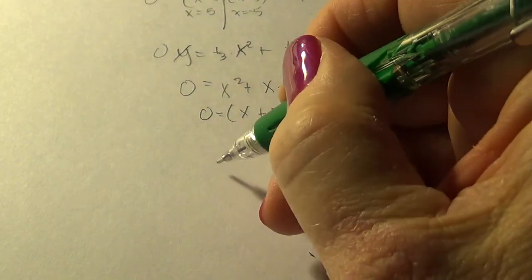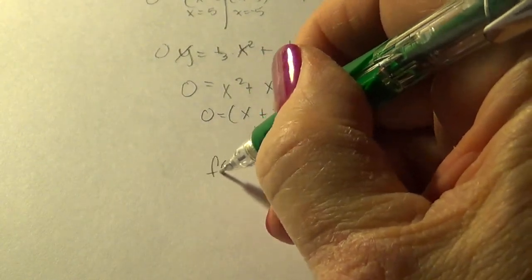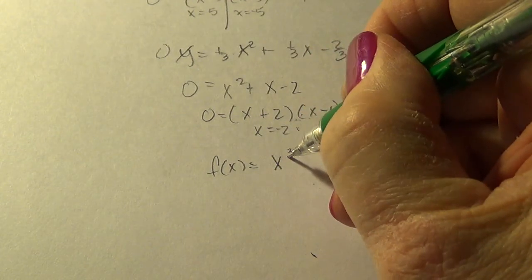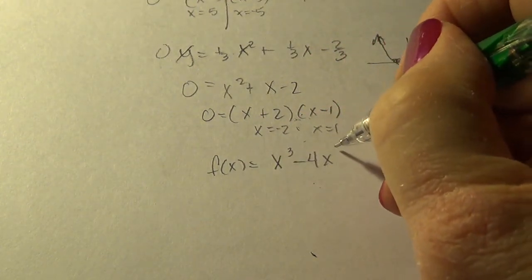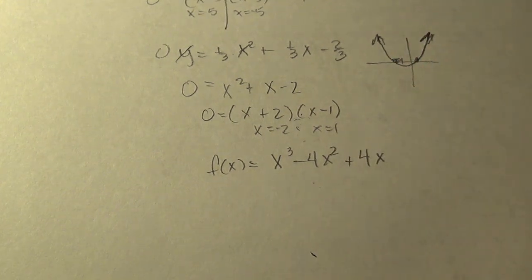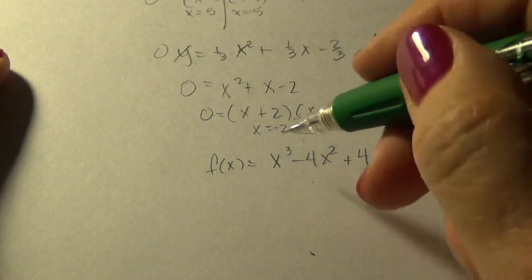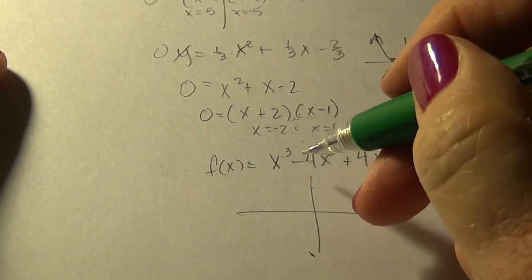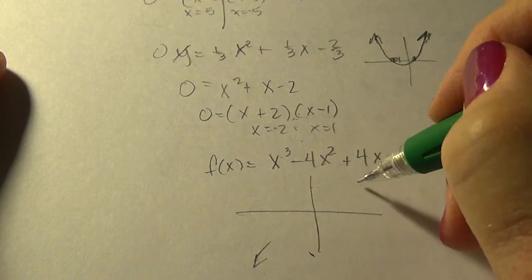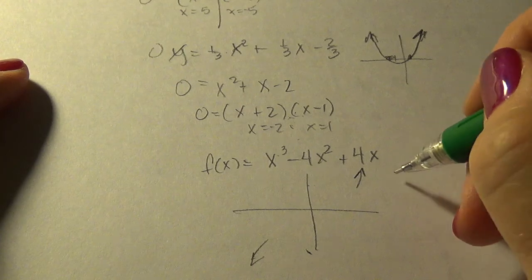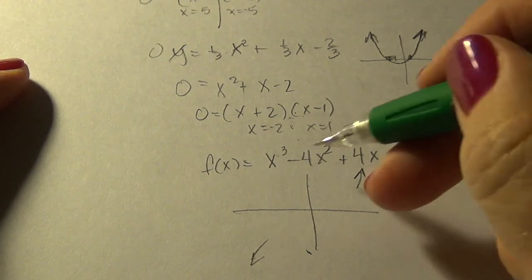Alright, let's jump up to a cubic. Let's say we have f of x equals x cubed minus 4x squared plus 4x. First identify the end behaviors. Since it's cubic, it's going to come from down and go up, and we're going to find the zeros. We're going to set this equal to 0 and factor it.